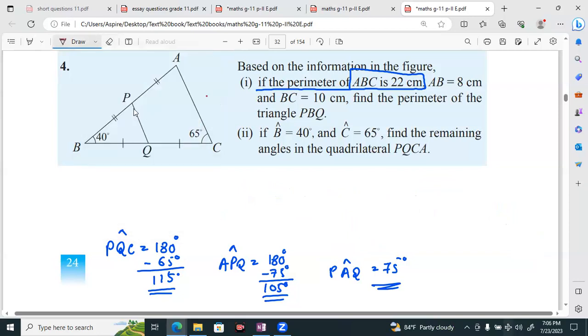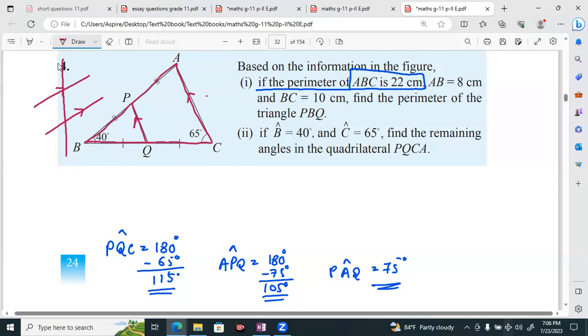Now, PQ is the straight line segment which joins the midpoints of two sides of a triangle. Then it is parallel to the third side of the triangle. It is given by the midpoint theorem. When two parallel straight line segments are intersected by a transversal, here AB and CB become transversals. You can identify that angles are formed.